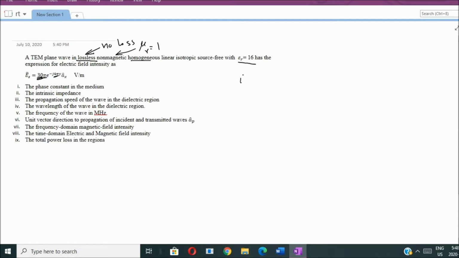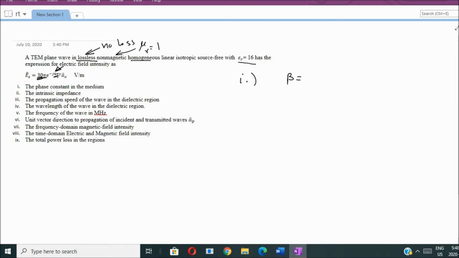Part 1 says find the phase constant. The phase constant is beta, and beta is this value here. Don't put the sign, just the number, without the axis variable y, and no j.